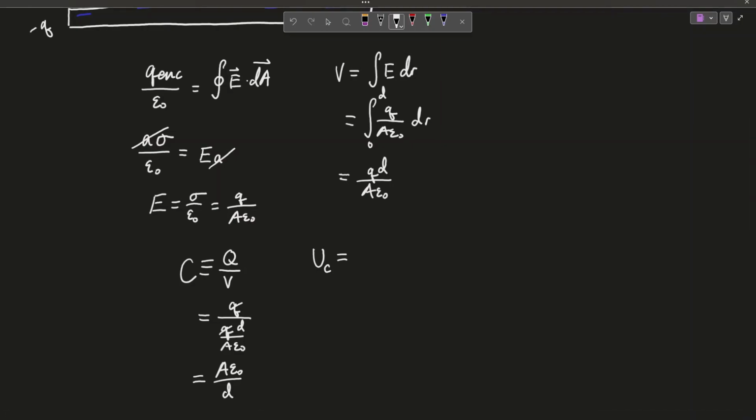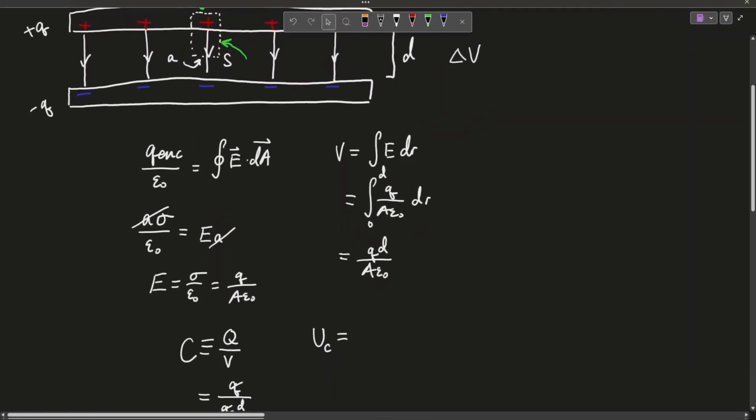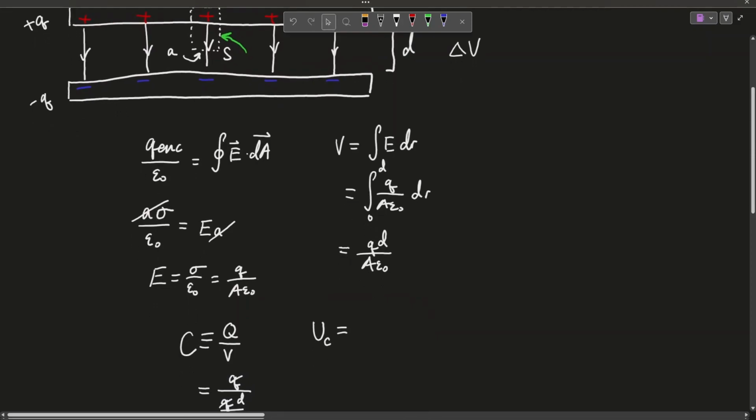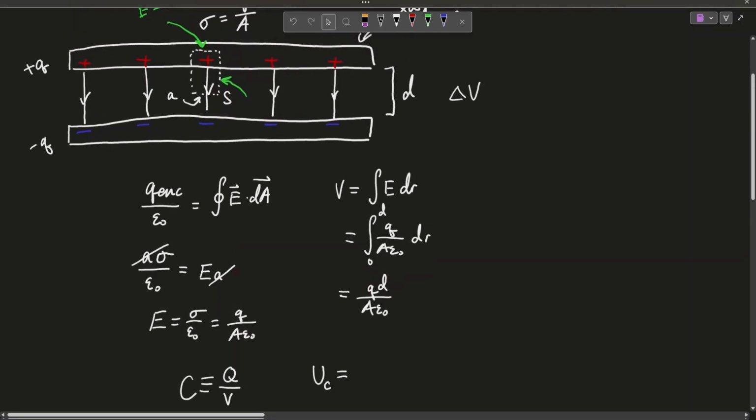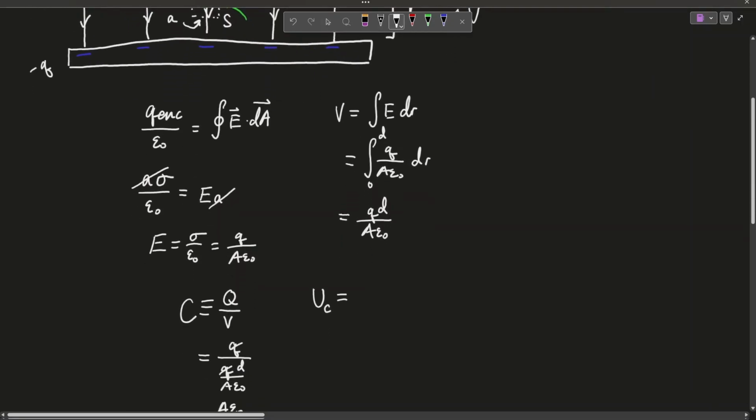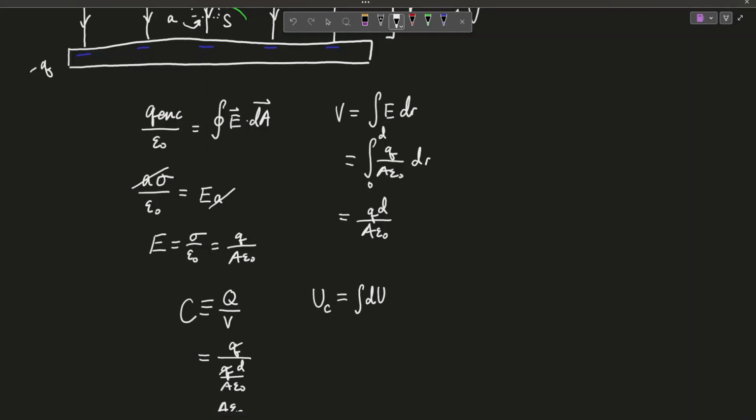So this requires a bit of a mental exercise. To find this potential energy, we're going to imagine how much work the electric force will do if we were to let the charges across the gap one by one. So we're going to write this first off as an integral of little bits of potential energy.